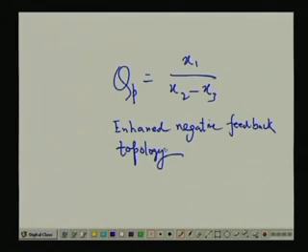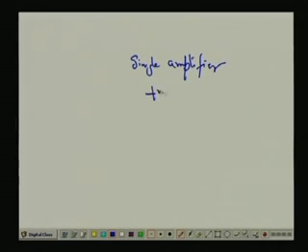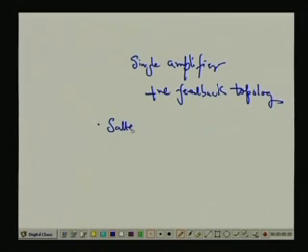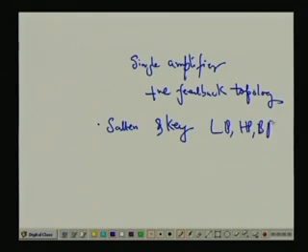Now, you see that in all the previous cases, whatever we have so far discussed, that means the single amplifier positive feedback topology, the Sallen-Key circuit, low pass, high pass, band pass, in all the cases you will find that QP, the pole selectivity, is given by some x1 by x2.